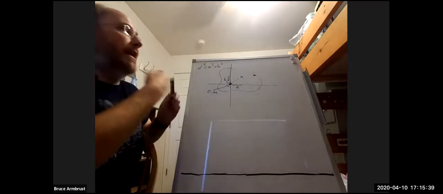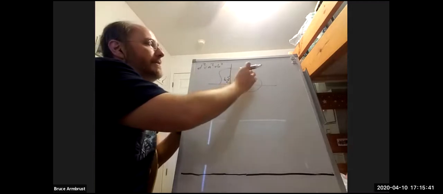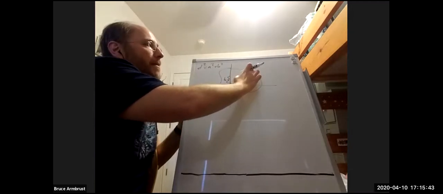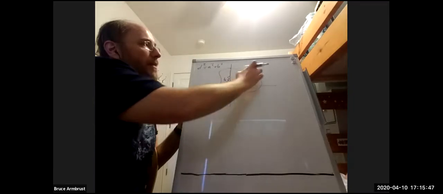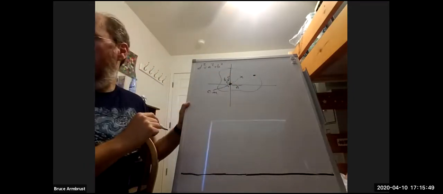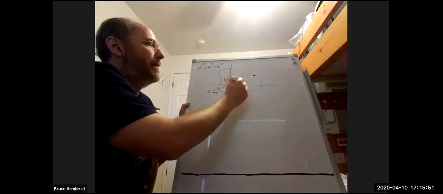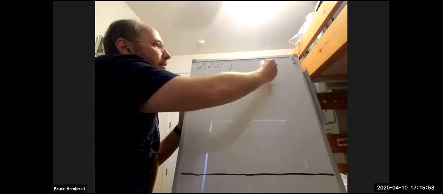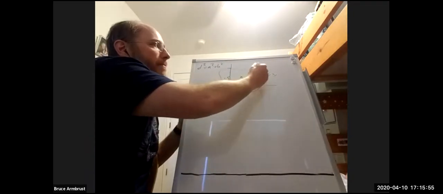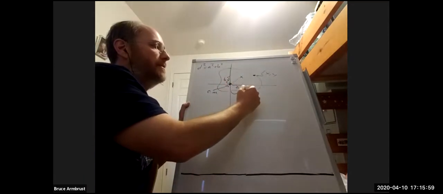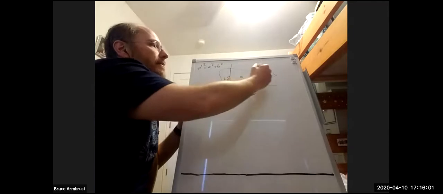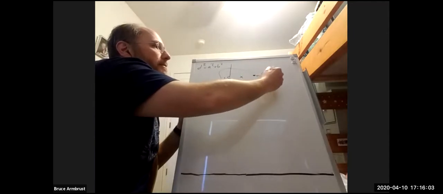Now, I want to look at the distances from that point to the dot and that point to the X. I've already got that this is a and b. Let's use good old x and y coordinates for this one, so this distance is x and this distance is y.